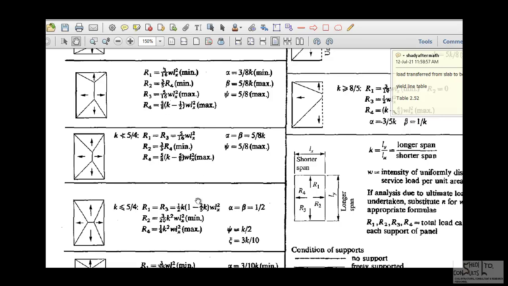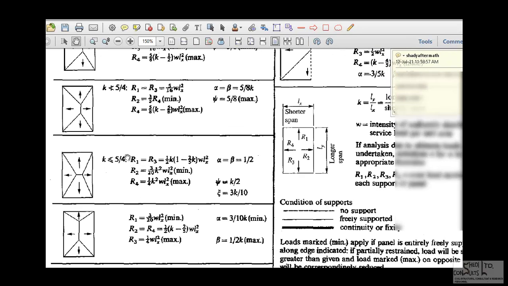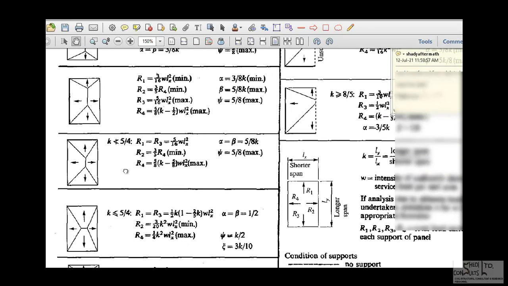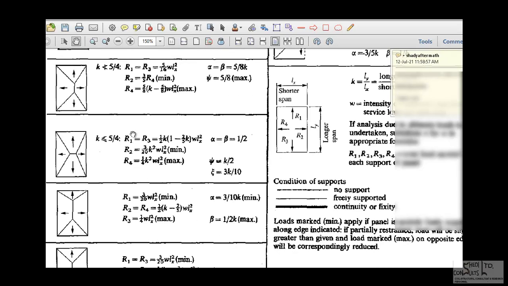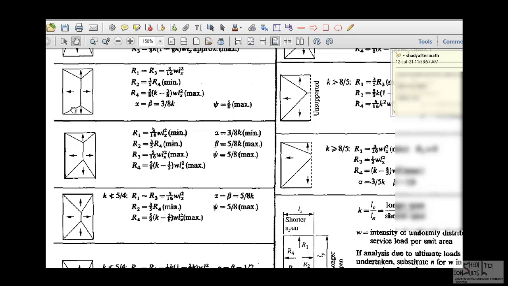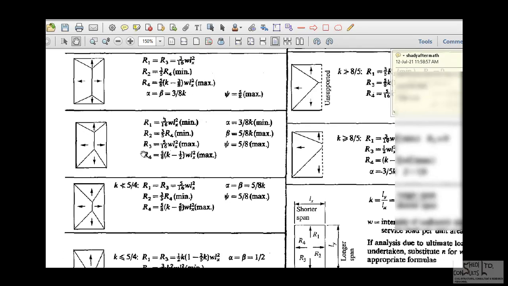It gives all the theoretical expressions for the various loads that will be transferred to boundary beams, based on the fixity or the support conditions of the slab panels at the edges. So for all possible arrangements of support restraints for slab panels, it has given what the yield lines will look like and then the loadings that the beams will be seeing.